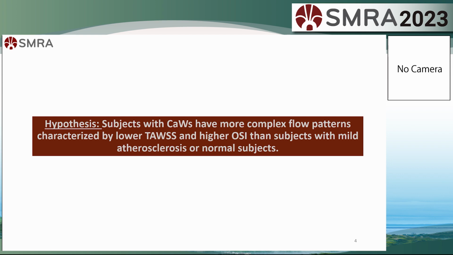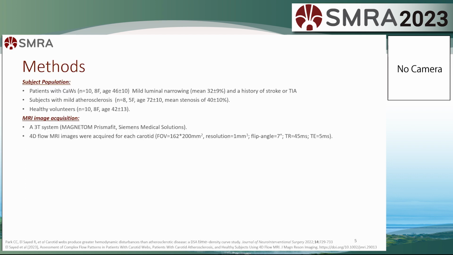The hypothesis of my talk is that subjects with carotid web have more complex flow patterns, usually represented by lower time-averaged wall shear stress and higher OSI. Here I'm going to be characterizing by area, compared to mild atherosclerosis or normal subjects.